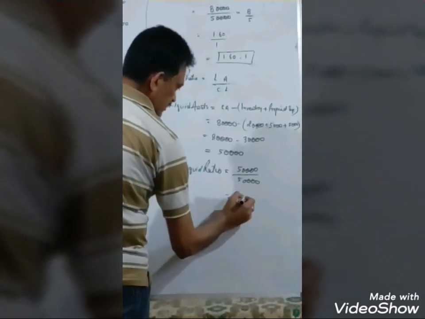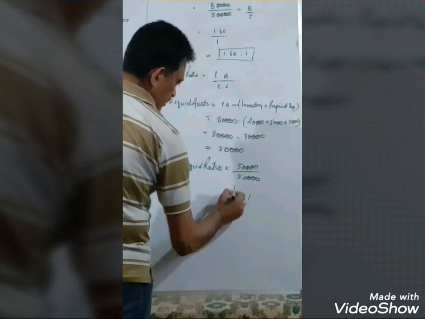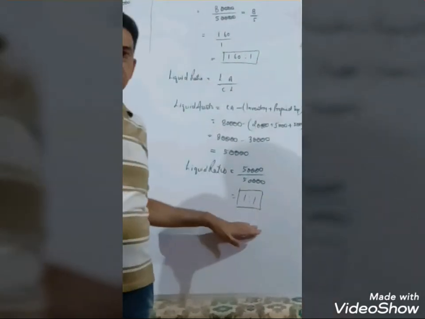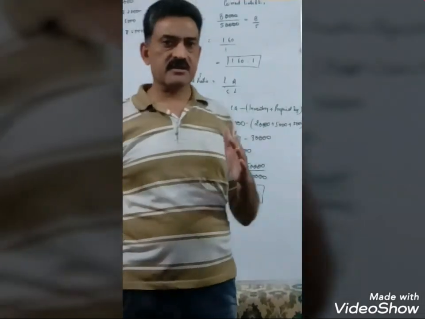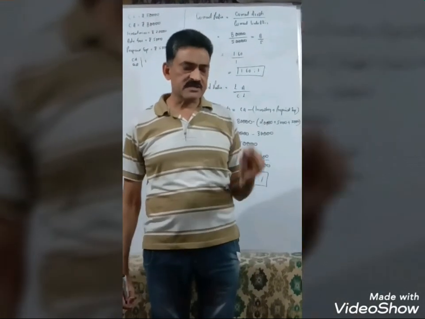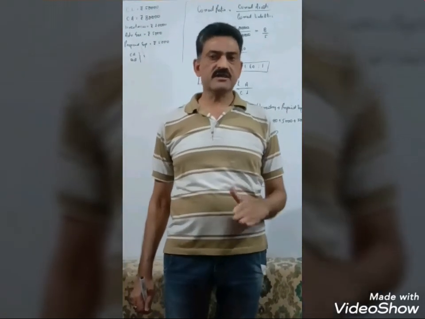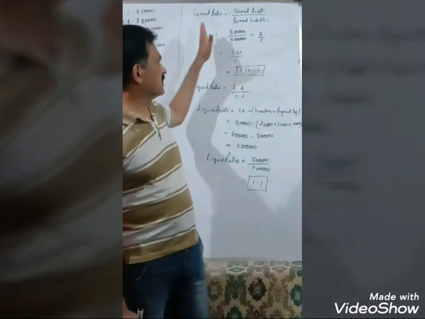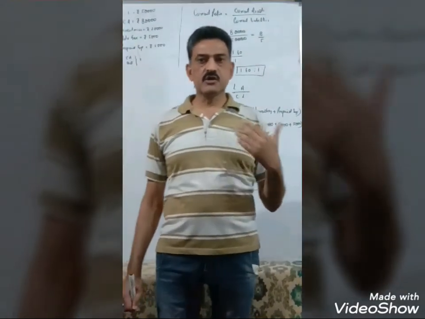This is 1:1. The quick ratio we had calculated is 1:1. This is equivalent to the standard ratio 1:1. That means the firm is financially sound in order to meet its short-term liabilities. This is how to calculate the current ratio as well as quick ratio.